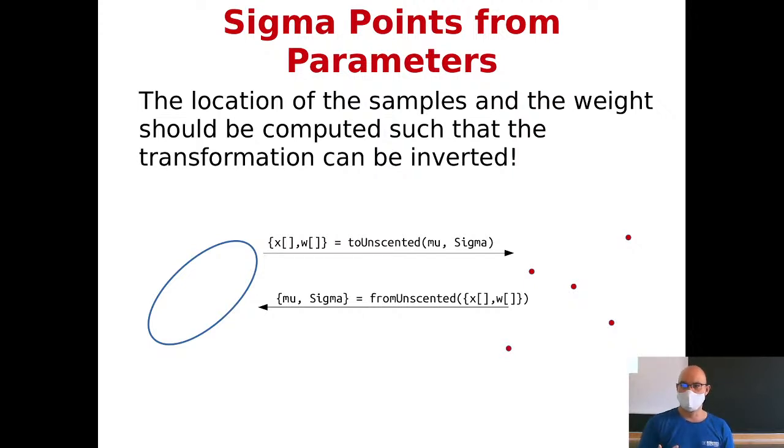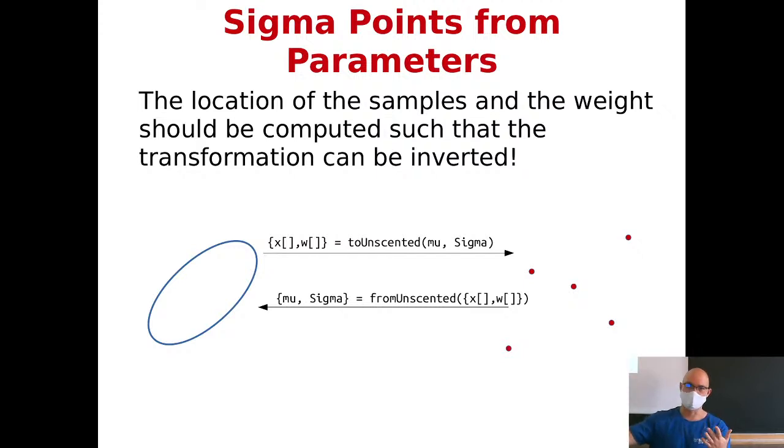And it's obvious that in selecting these samples deterministically from the shape of a covariance matrix, of a Gaussian distribution, I will have to ensure that these two operations are consistent, which means that if I start from a Gaussian distribution which has a certain mean, a certain covariance matrix, and then I compute the sigma points, and then I go back.